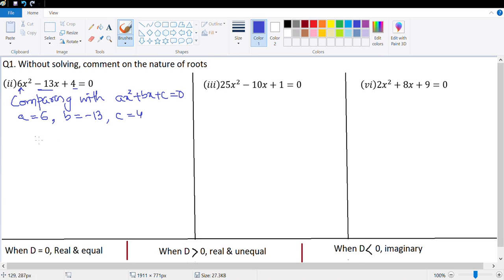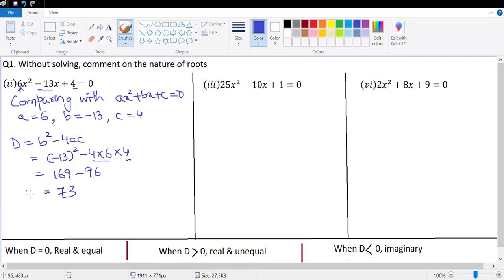So d is equal to b square minus 4ac, which will be equal to negative 13 square minus 4 into 6 into 4. That's 169 minus 24 into 4, that's 96, which is equal to 73.